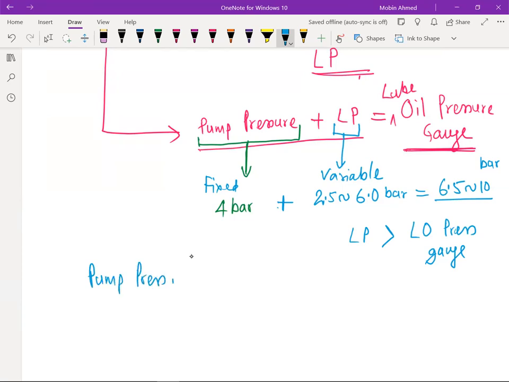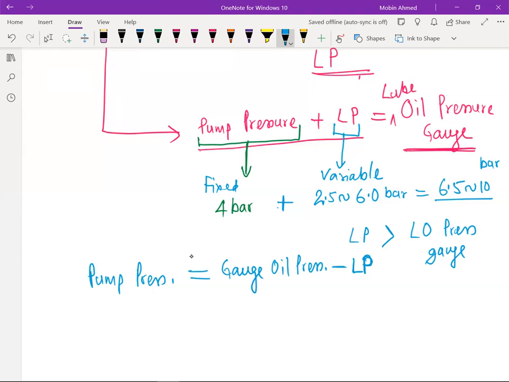The pump pressure is the gauge oil pressure shown on the gauge minus LP. So this is known as a differential pressure, the differential pressure of the gauge oil pressure and LP.